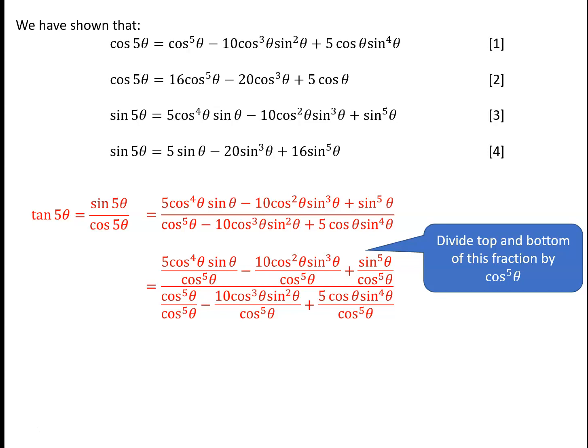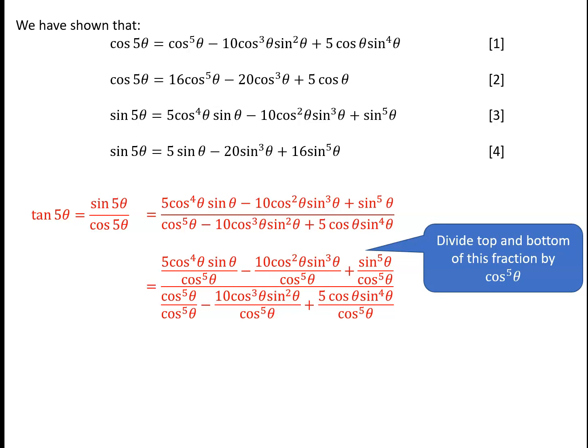If you look carefully at it, the top line now becomes 5 sine theta over cos theta, in other words 5 tan theta, minus 10 sine cubed theta over cos cubed theta, in other words 10 tan cubed theta, plus sine to the 5 theta over cos to the 5 theta, in other words tan to the 5 theta.